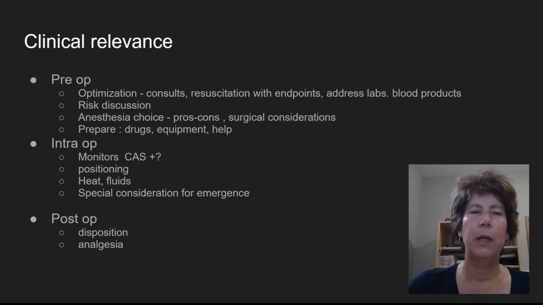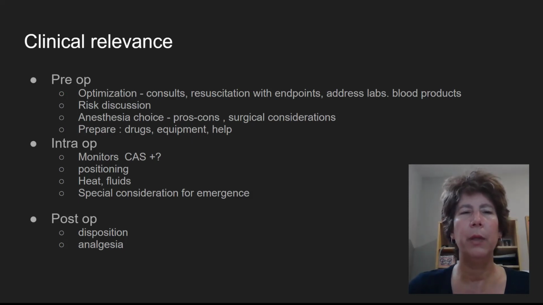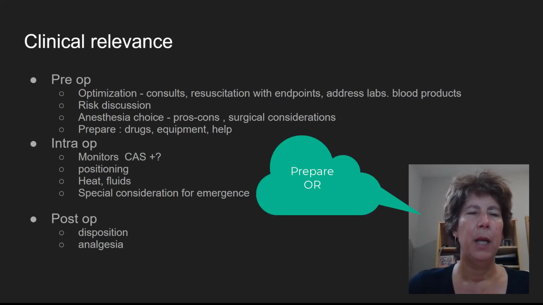We would look at the pros and cons for every anesthetic choice and whether there are any particular surgical considerations, which there really aren't for this patient. We would prepare our OR with whatever drugs, equipment, and help that we feel we would need. Intraoperatively, we would decide on our monitoring, so standard monitors, and then you decide what else you would have.